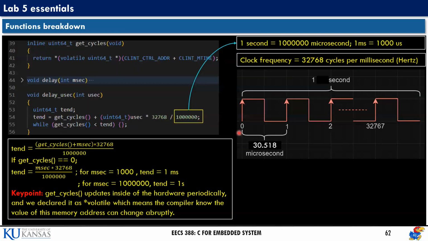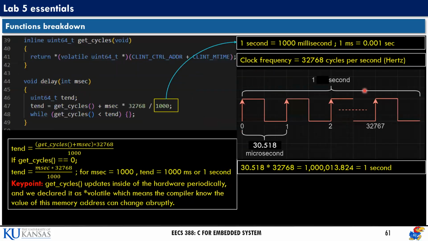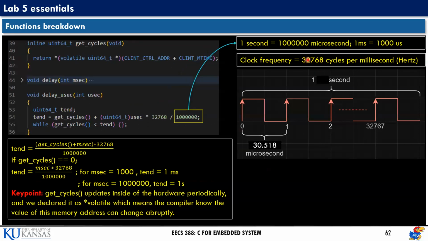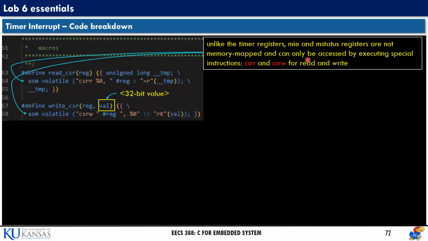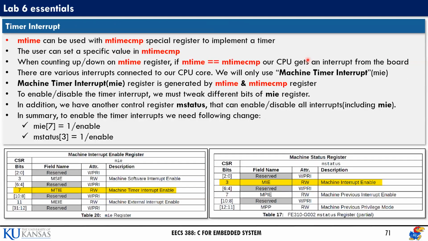In the last lab, as we saw, 1 second in our SiFive microcontroller is basically 32,768 cycles. So we set this value to the M time compare register to store the cycle, and that means we are comparing the M time register just for 1 second.